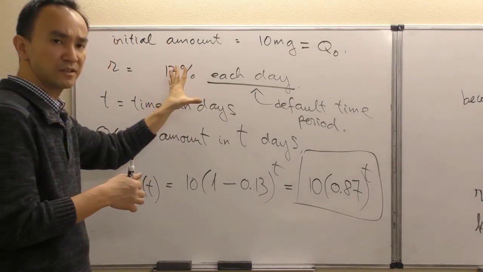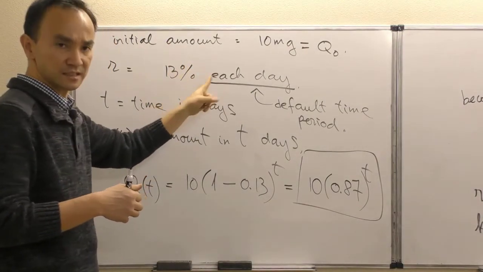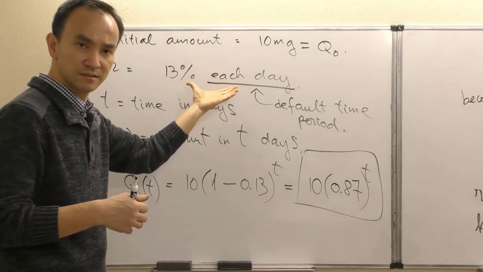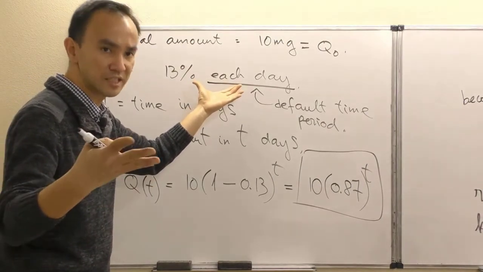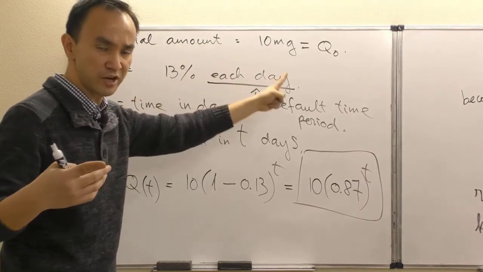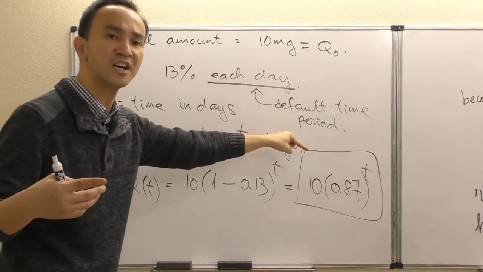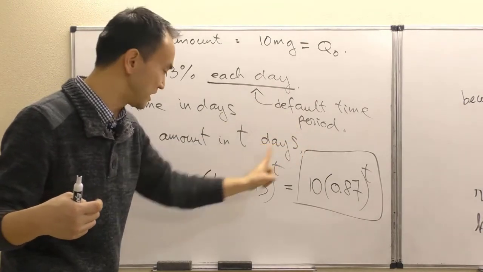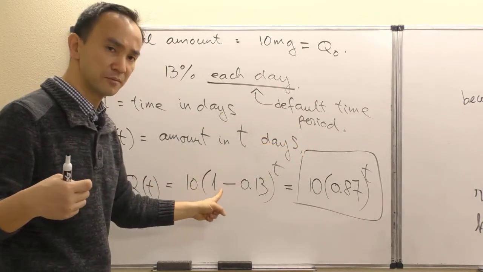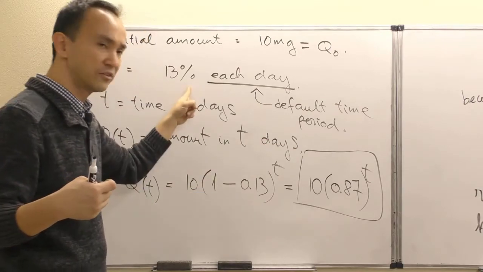Anytime our problem gives us a rate that's just generically written like this, not specifically as a continuous rate or a relative rate, then the more direct version is this one right here, in terms of the base, where it's 1 minus the given rate.